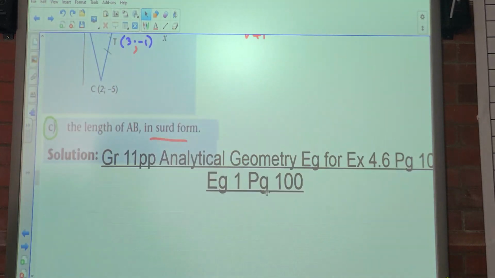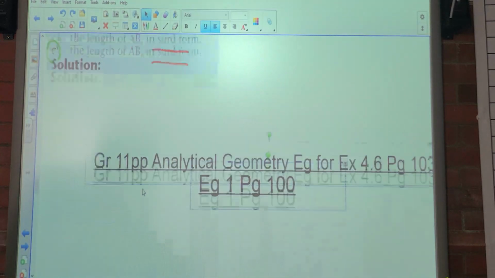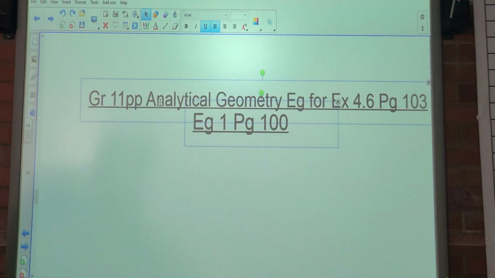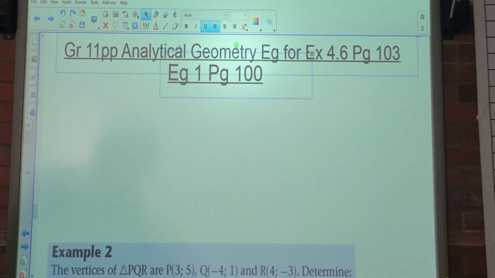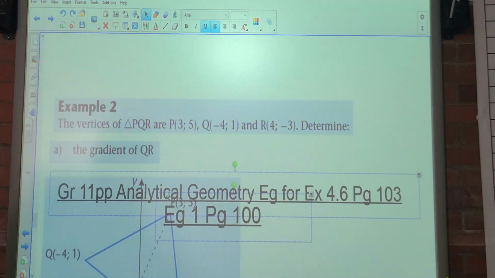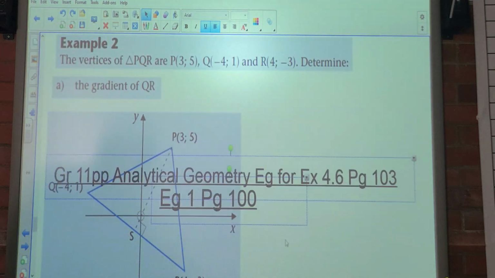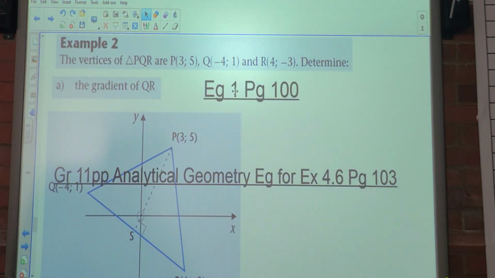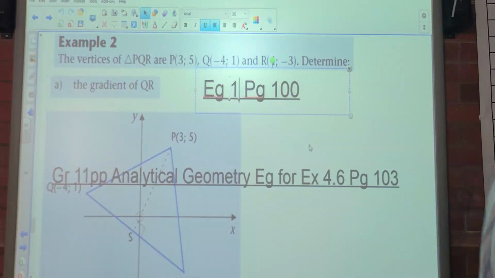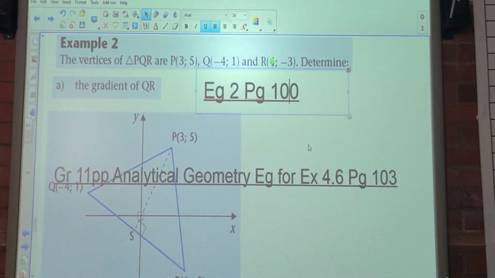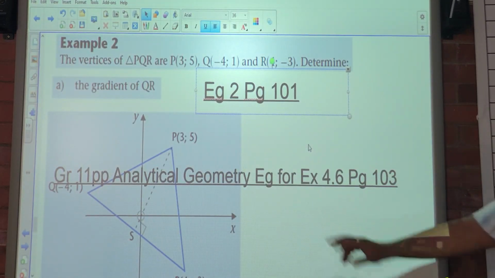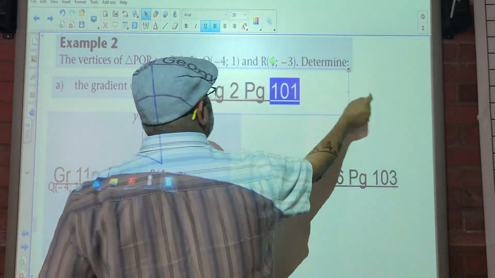Let's now go to example 2. Example 2 is on page 101.